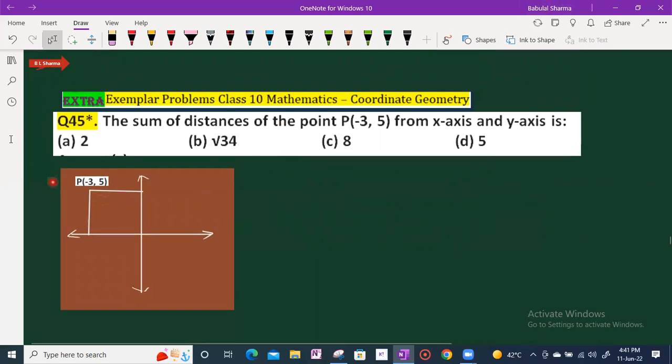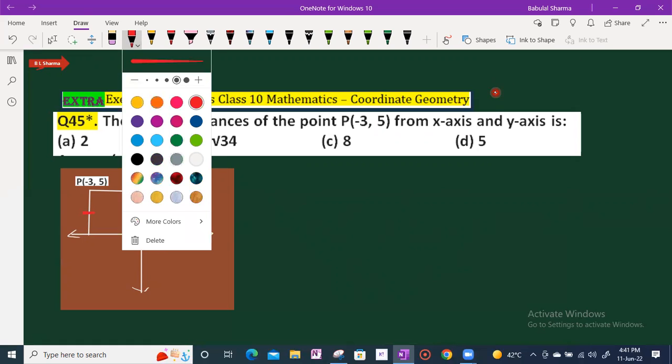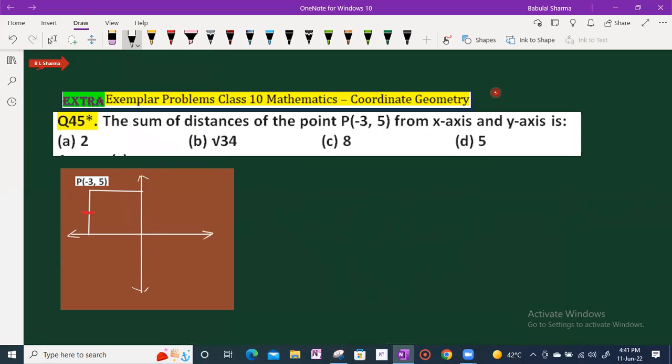Next question. The sum of distances of the point P, that is minus 3, 5 from x axis and y axis is. Please you mark the, पहले बताइए इसका आंसर, आप बताइए क्या होगा, आप सोच के रखिए. You please think and give the answer. Yes, the distance of the point P from x axis is this.